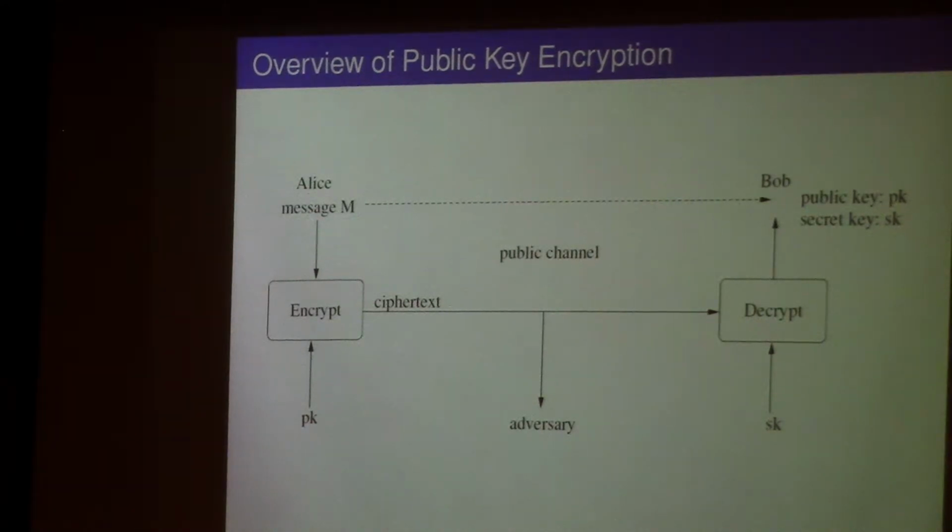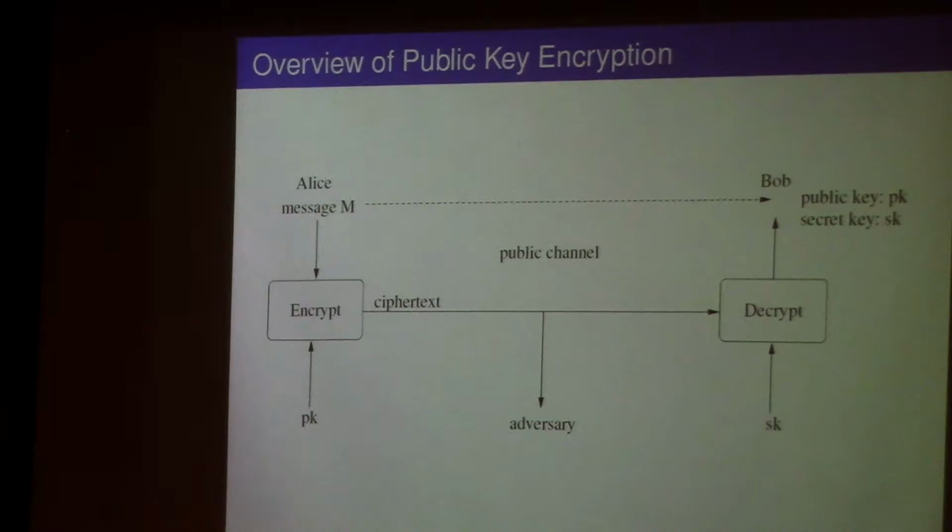I'll try to explain this a bit for the benefit of some people who may not be familiar with crypto. The basic task in crypto, of course, is for a sender, in this case Alice, who wants to send a message M to Bob. So this dashed line represents the transmission of the message M from Alice to Bob, and the basic requirement is confidentiality.